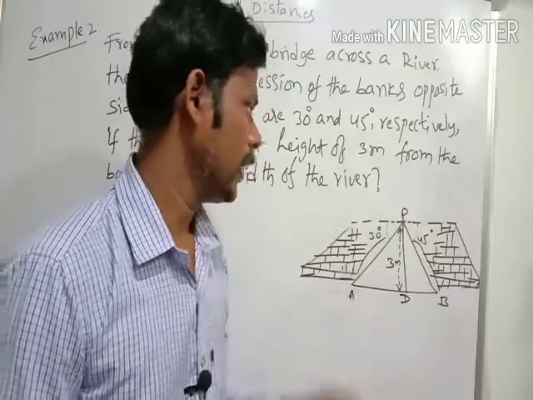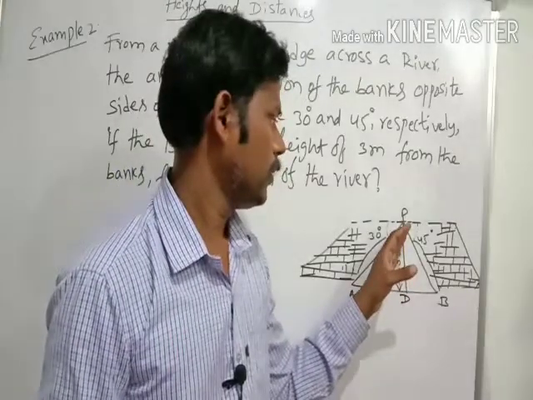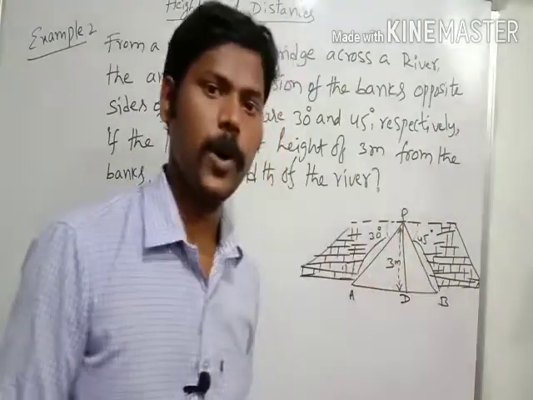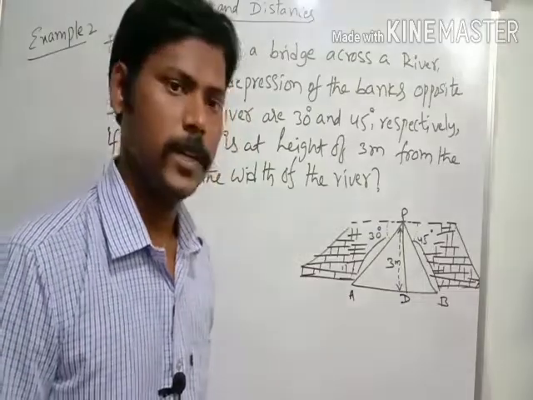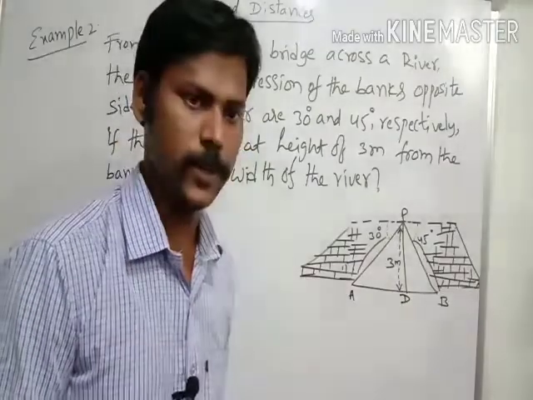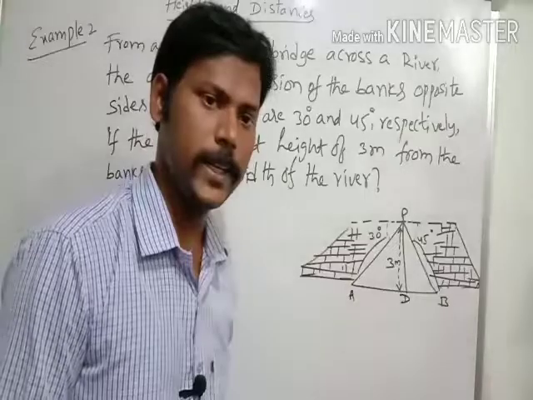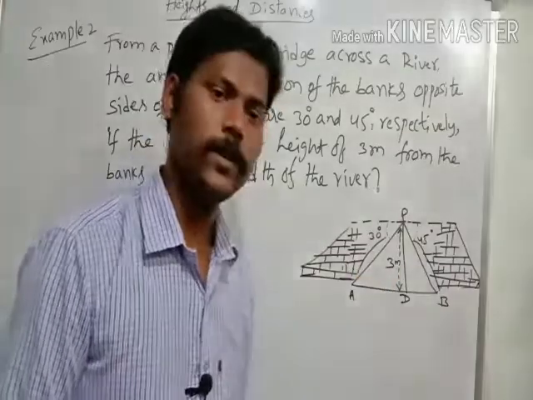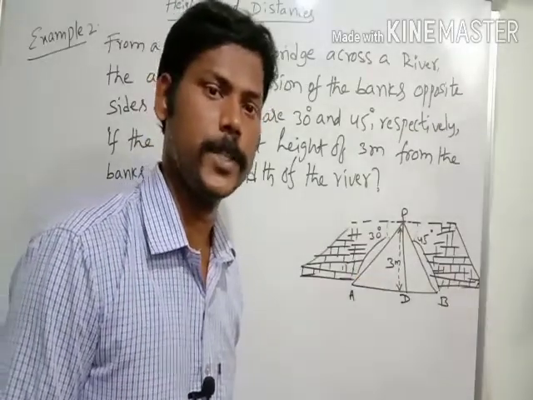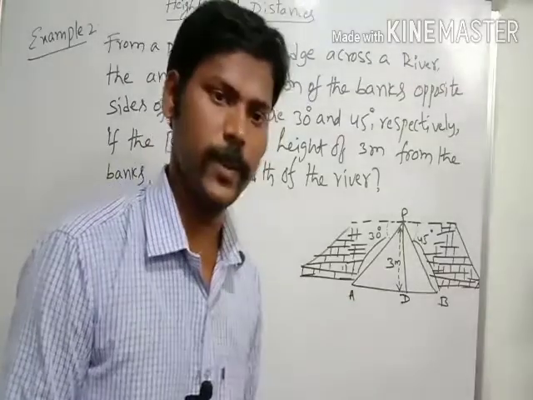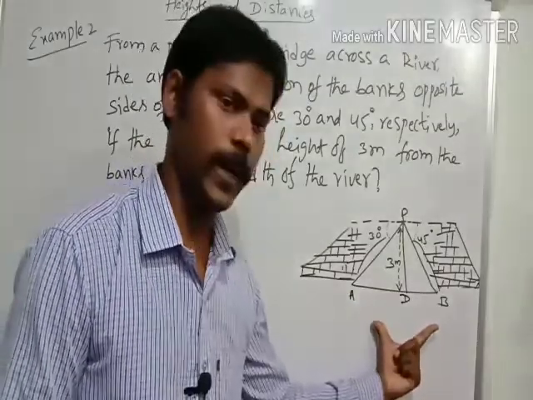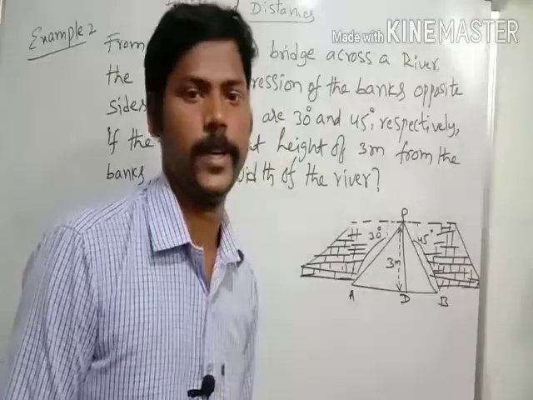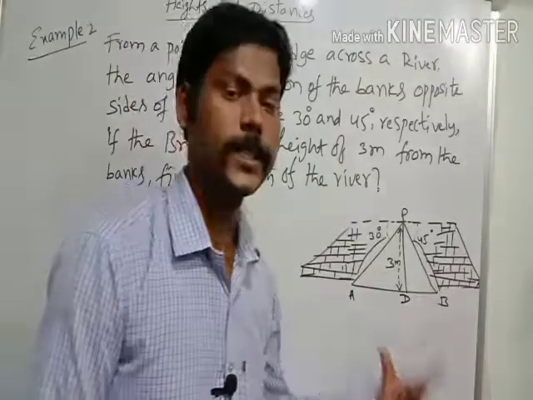From the point on the bridge, the observer sees one side at 30 degrees angle of depression, and the other side at 45 degrees angle of depression. We want to find the width of the river. That means how much distance is there.